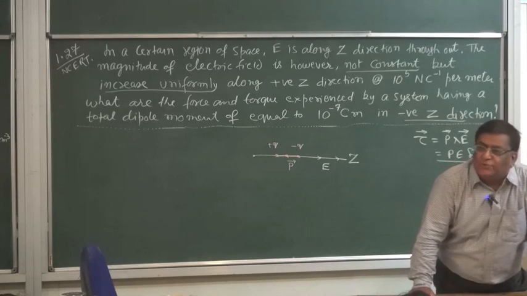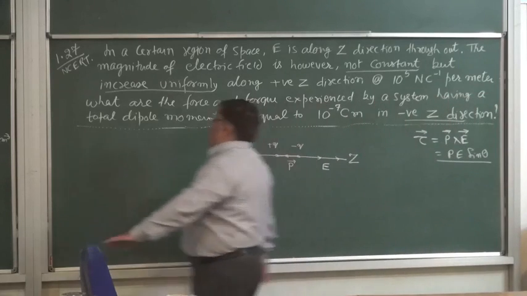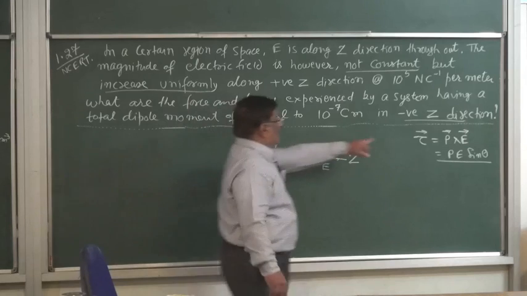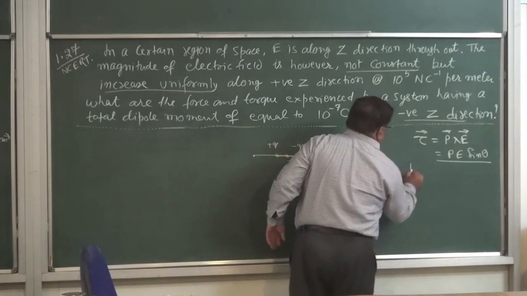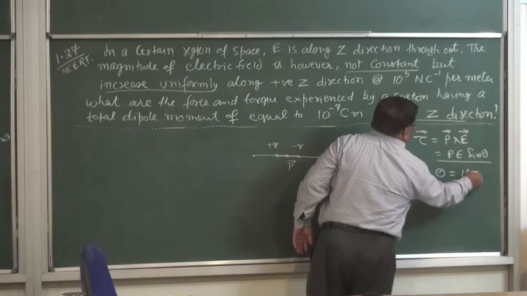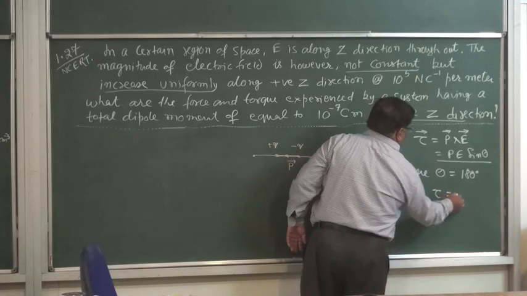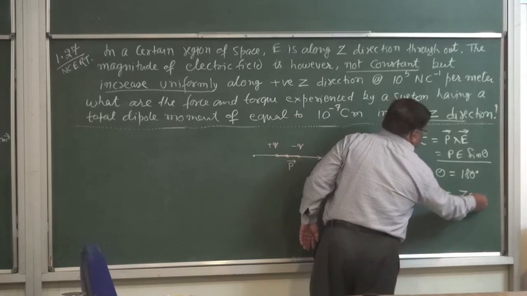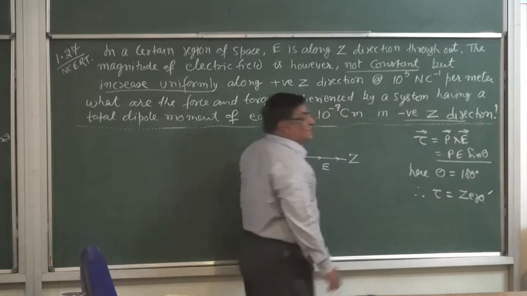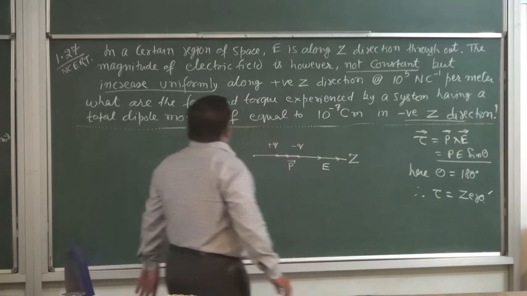ठीक है. तो प्लीज नोट डाउन द टॉर्क. ये फॉर्मूला लिखेंगे. ये एक आंसर आ गया. अब दूसरा आंसर क्या है? फोर्स.